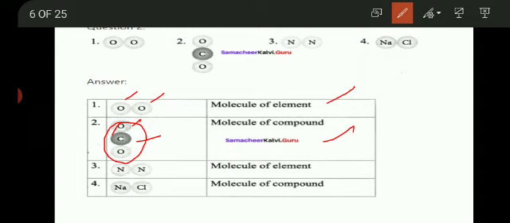You tell me, students, N2: is this an element or a compound? Yes, element, because both are the same kind of atom. NaCl, you see? Different atoms are present here, so this is a compound molecule. Are you clear, students?